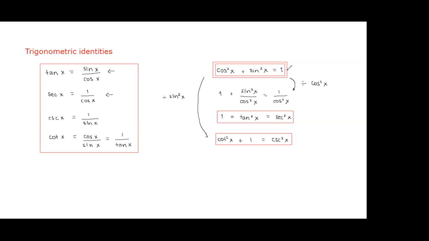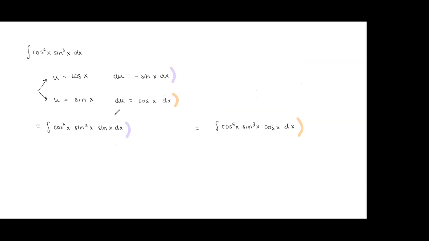Okay, Parsa. If you replace by cosine of x and you take out one of the sines of x, you can replace it by 1 minus cosine squared of x, the sine squared. Exactly.